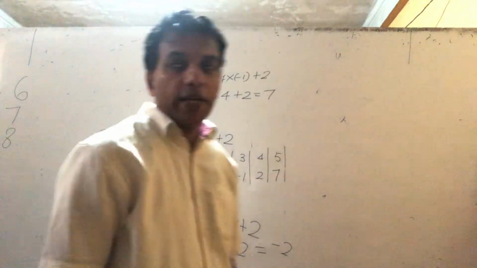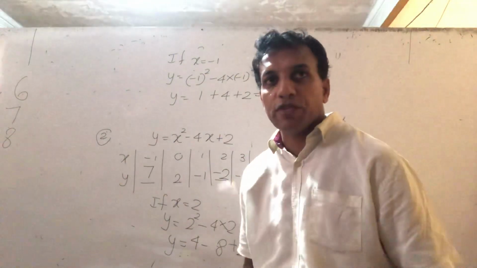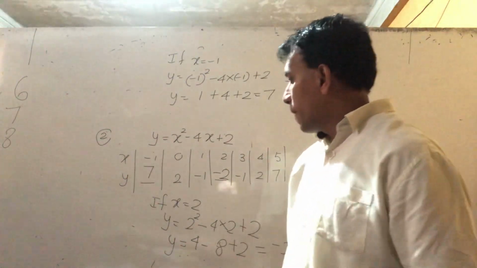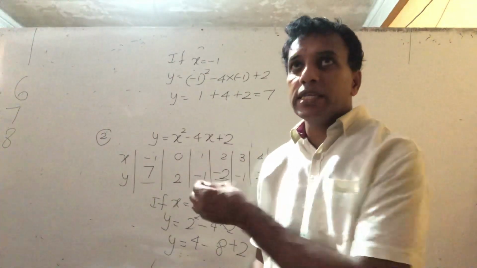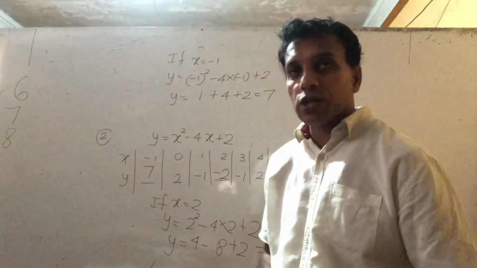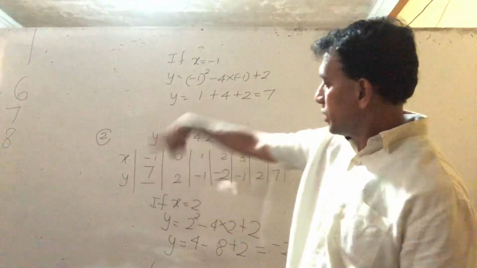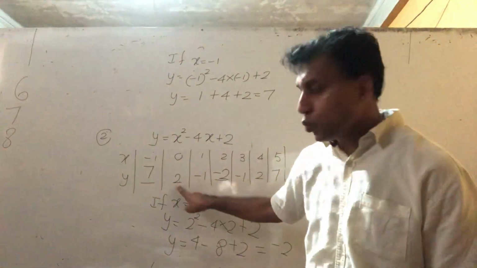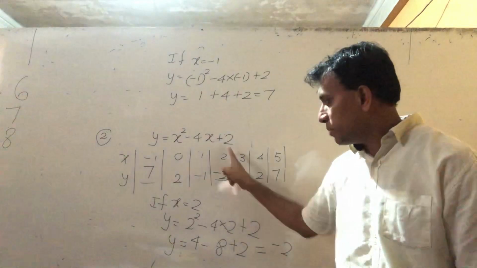So the table is completed. A very important table. If you miss it, it becomes a different shape of graph. After completing the table, spend a few seconds and see how the y values are formed, symmetrically distributed: here 7, here 7, here 2, here 2, here minus 1, here minus 1, and minus 2.